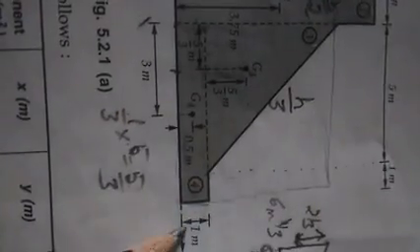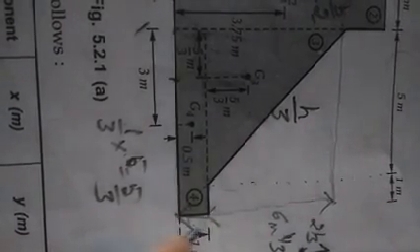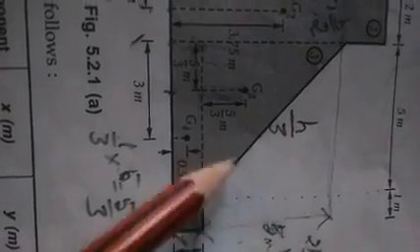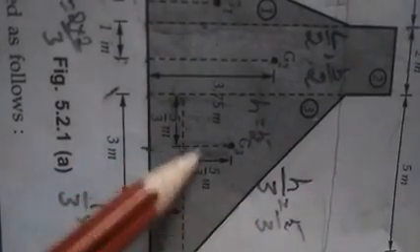This whole thing is 6 meter, so if you cut 1 meter, the rest will be 5 meter. So the base will be, this will be the height, 5 meter. So it will become 5 by 3. That's what is written here, the height is 5 meter.